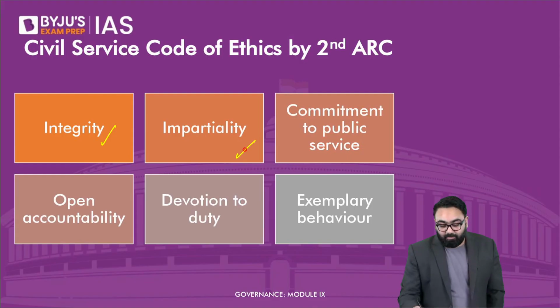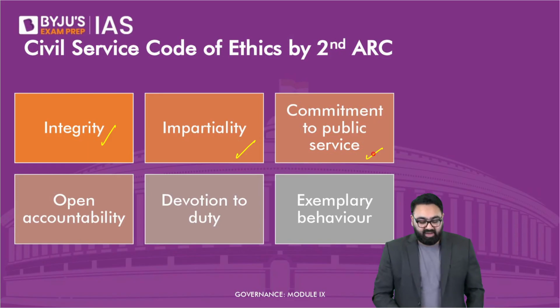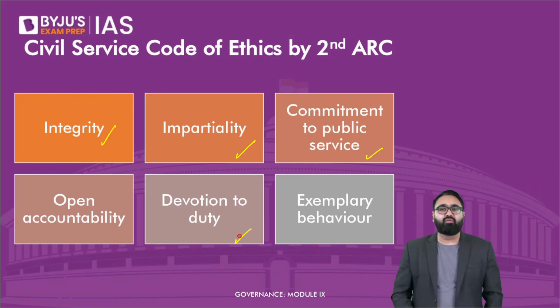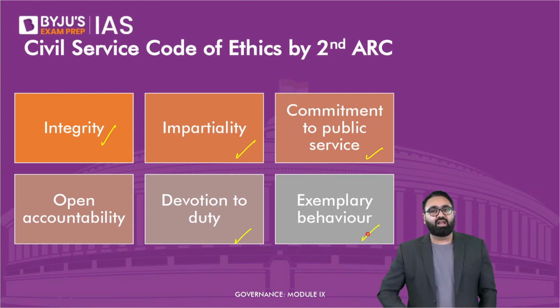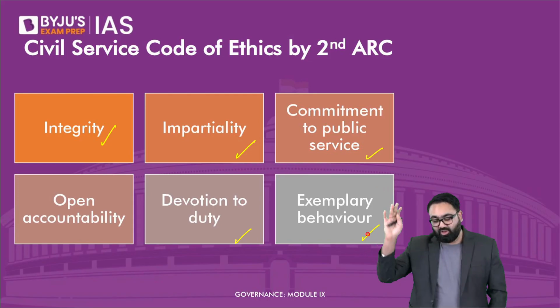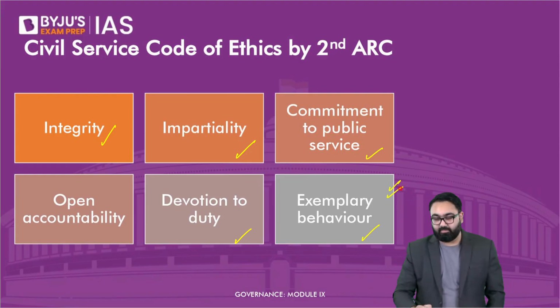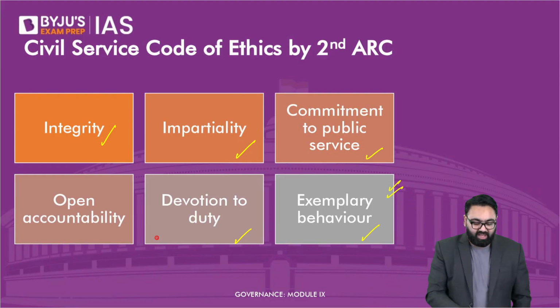Be committed to public service rather than thinking of your own self-interest. Be devoted to the duty that you have been given. Show exemplary behavior. Not that after 6 p.m. my office is over, now on the rooftop I'm partying, let anyone see. No. You have to be at your job 24/7. Show exemplary behavior. And you have to be openly accountable.